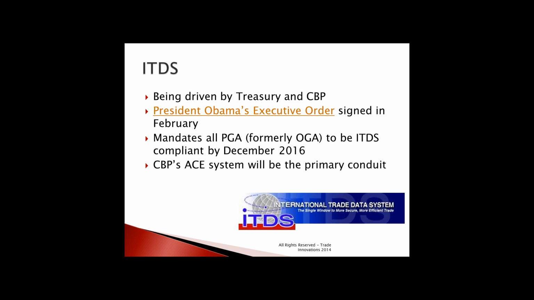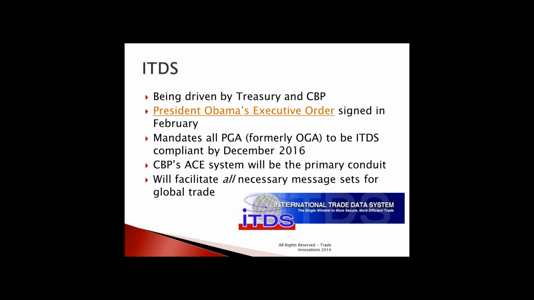CBP's ACE system will be really the primary conduit for ITDS. That'll be the system that they use to accept and then transfer back all of the message sets related to an international transaction. It will facilitate all necessary message sets required for global trade.